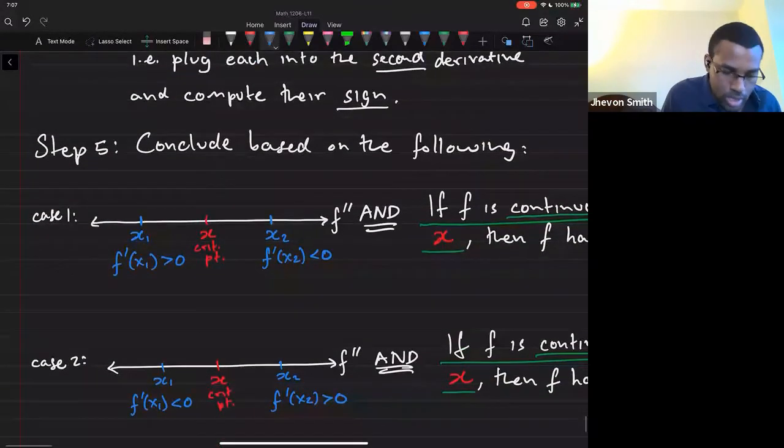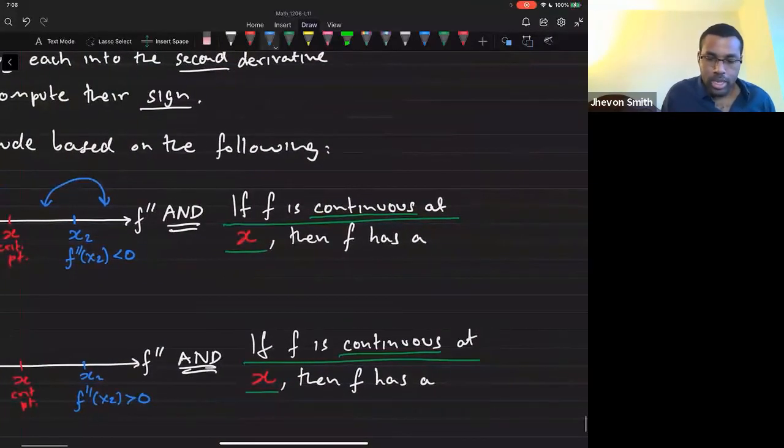If the second derivative is positive, that means concave up. Second derivative is negative, that means concave down. And if f is continuous at x, then f has an inflection point.